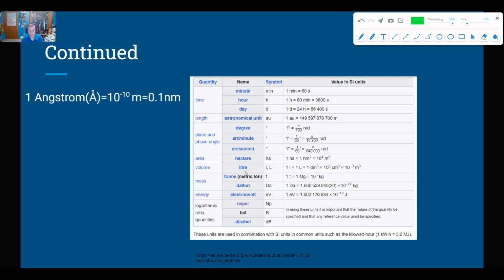one big one though is the liter. A liter is equal to 1 cubic decimeter, which is 1000 cubic centimeters. The reason why the liter is super useful is because 1 centimeter cubed is equal to 1 milliliter.